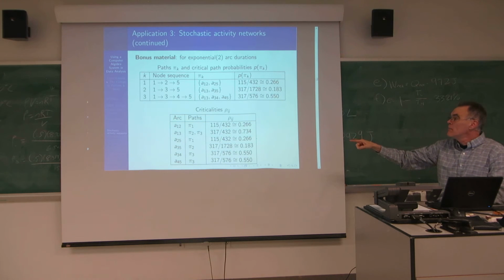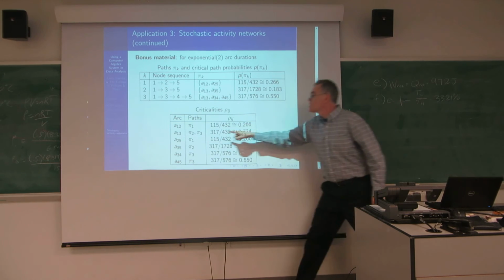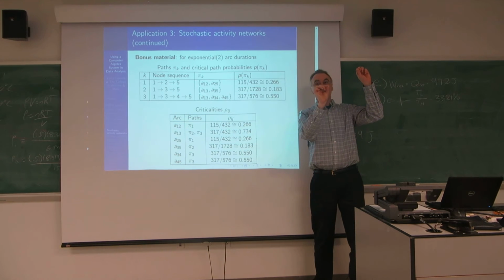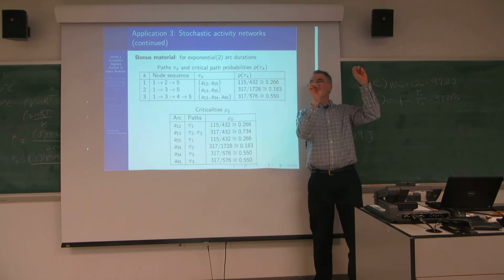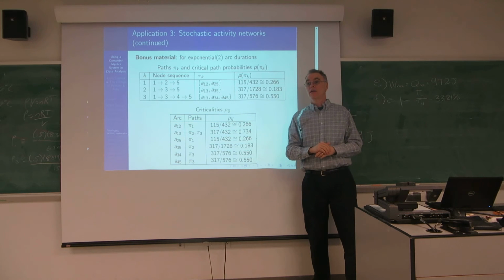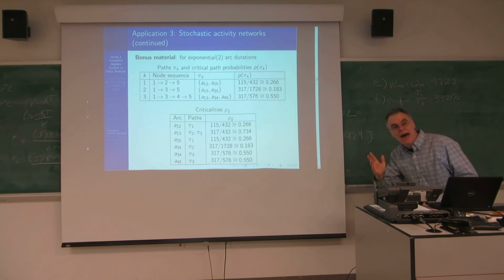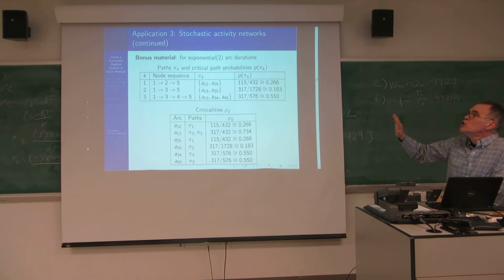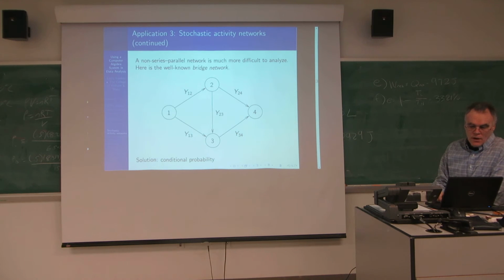So if you have a high probability here, like you do for this arc A13, you want to make sure that you don't mess up and delay on that particular arc, because there's a high probability it's going to be on the critical path. And if you slow that one down, you slow down the whole project. And of course, you can have all kinds of fines and things that contractors have to pay if they're late. So they're very concerned about these things. There are dozens of books written on this. This is project management.